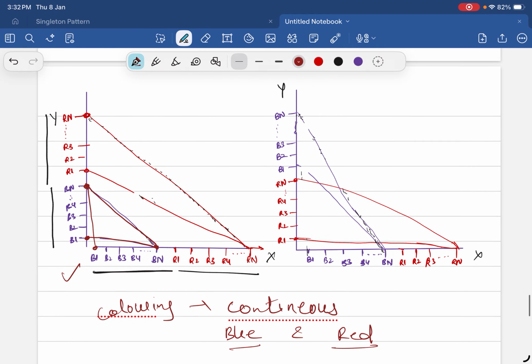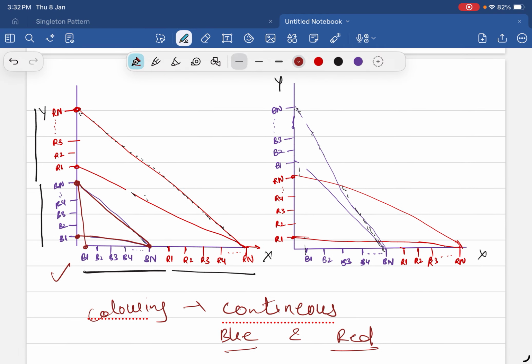Now if I have n number of points, then in this n number of points I can choose one red and the rest all as blue, and then I can try 2 reds, then 3 reds, then 4 reds, and so on till n-1 reds, and the rest will be the opposite of that.